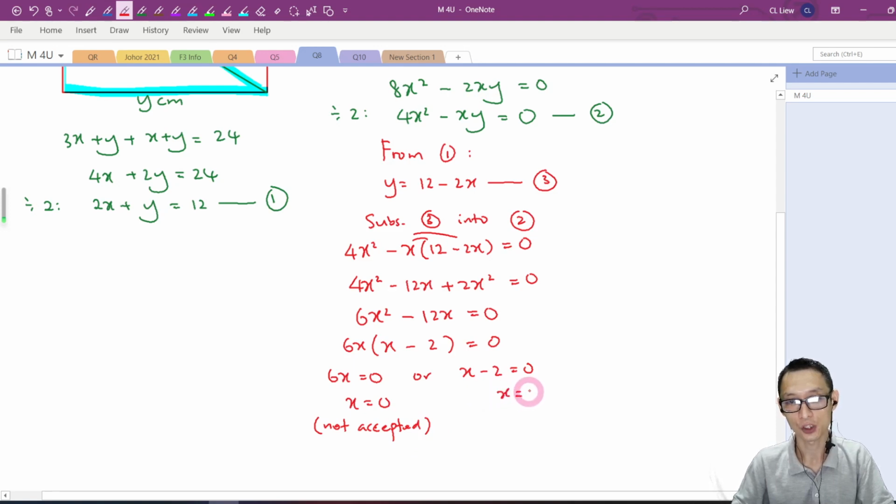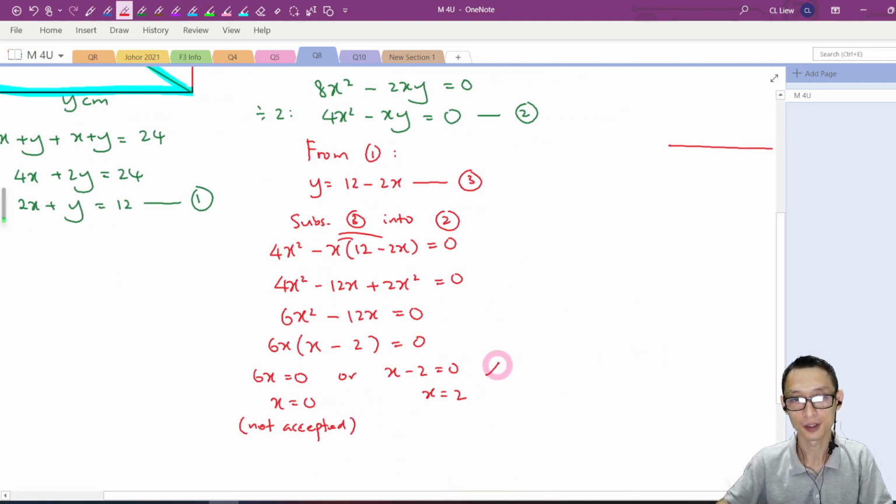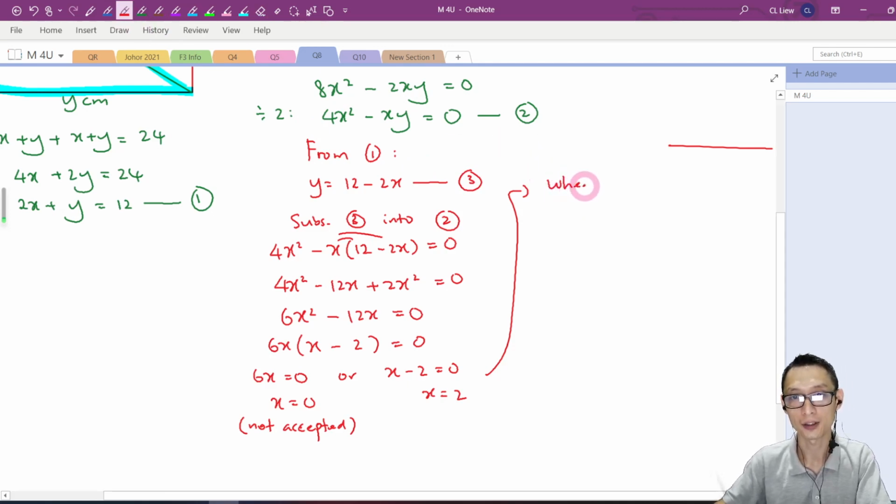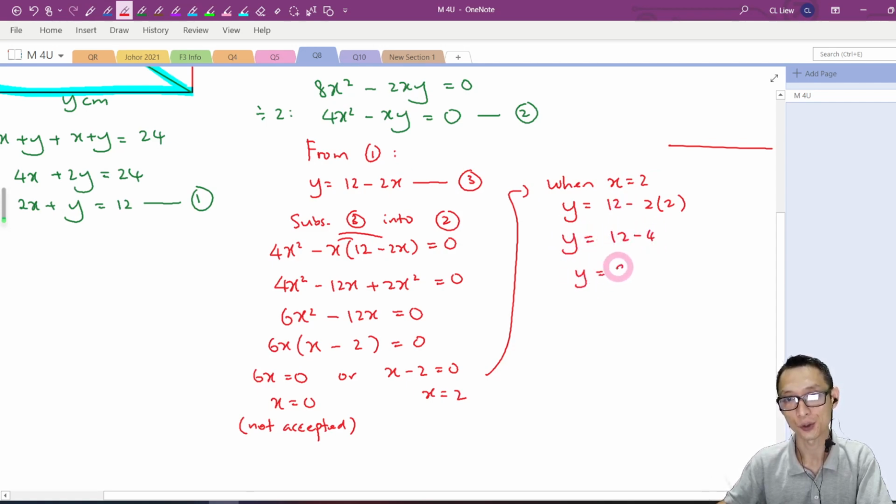So x is equal to 2. Now, when x is equal to 2, substitute. You can write substitute x equal to 2 in the third equation, or you can write when x is equal to 2, then y is equal to 12 minus 2x, which is 12 minus 4, y is equal to 8.